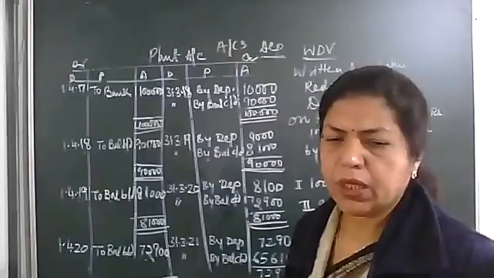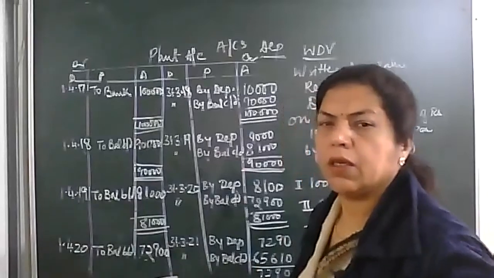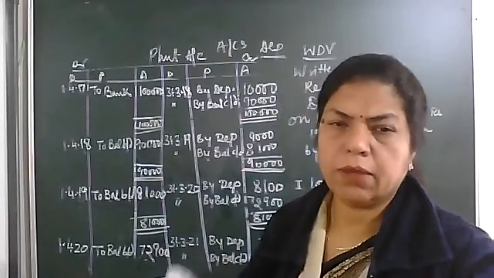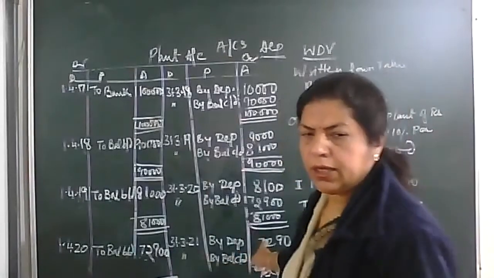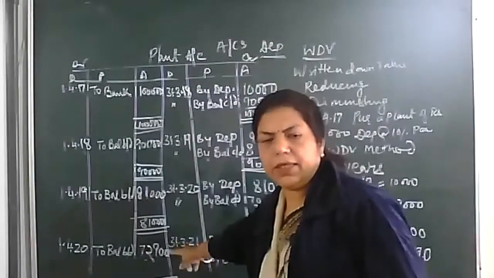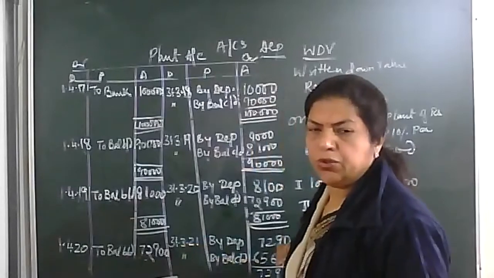Sawan, how will that amount come, 65610? Simple language: by subtracting the credit side from the debit side. The debit side is 72900 and the depreciation is 7290.